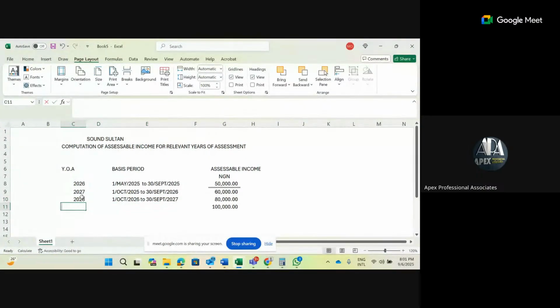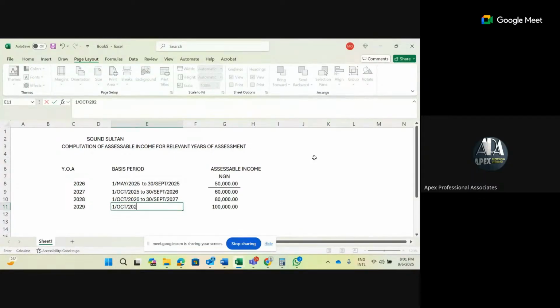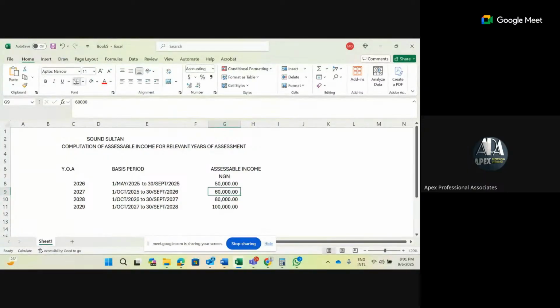The next one is going to be 2029 year of assessment, and the basis period is going to be 1st of October 2027 to 30th of September 2028.